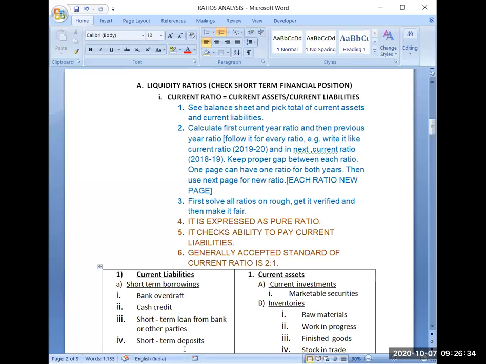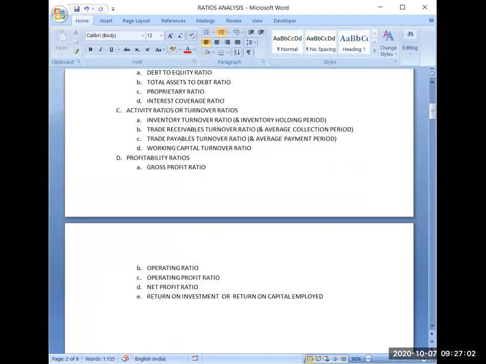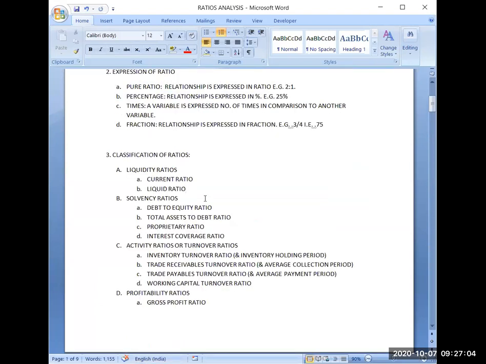We analyze the balance sheet only for the purpose of assessing the financial position of the company. So liquidity ratios will help us to judge the short-term financial position of the company. Short-term, obviously in accounts, means financial position regarding 1 year. Now, there are two types of ratios in liquidity ratios: current ratio and liquid ratio.